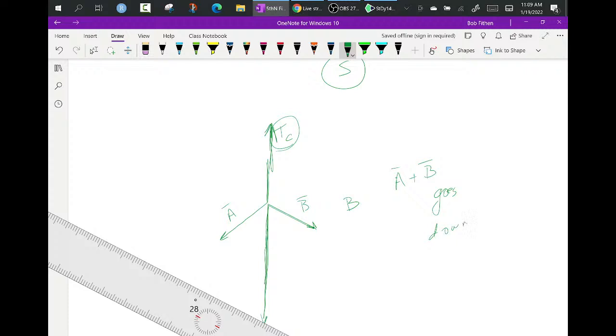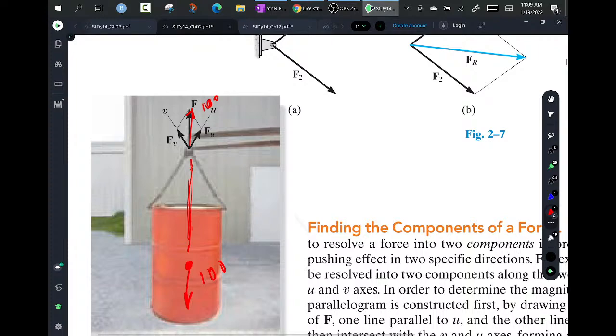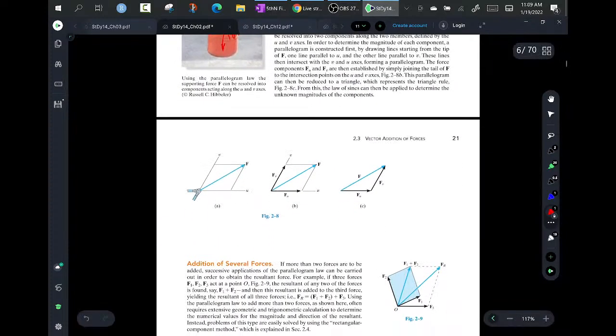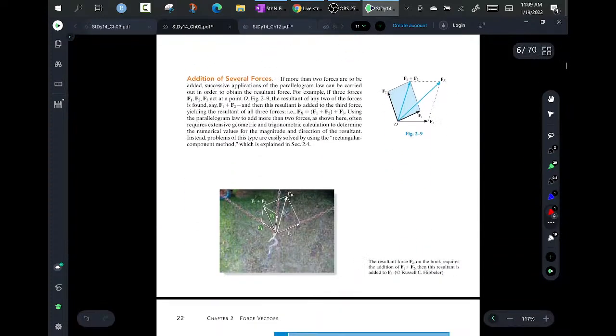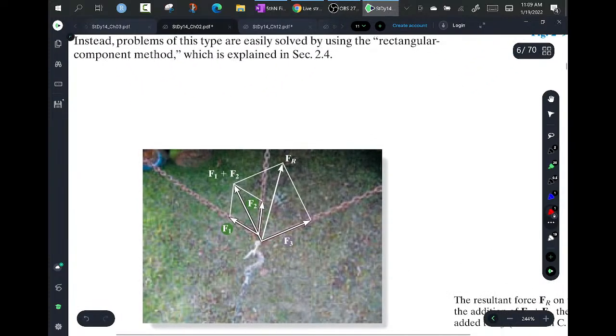Okay, that's your reasoning to do it this way. Now, go back to the book. How do you do it? Well, what he does, he gets down through here. He ends up with this kind of stuff, where if you've got 3 chains, for example, you just do 2 of them together. Then you get the resultant, and then you take that resultant and add it to the resultant this way to get the complete resultant.